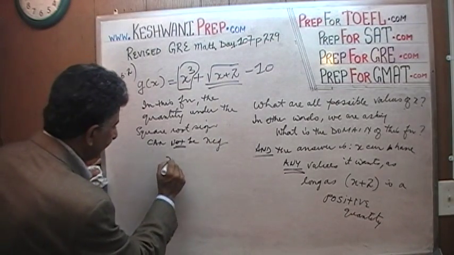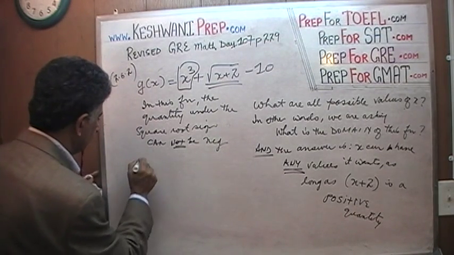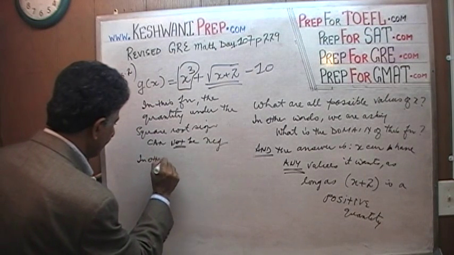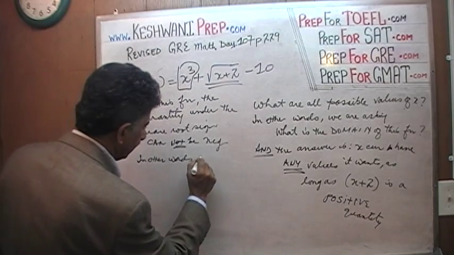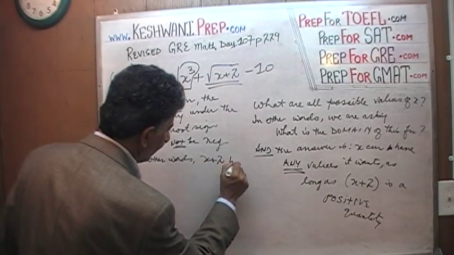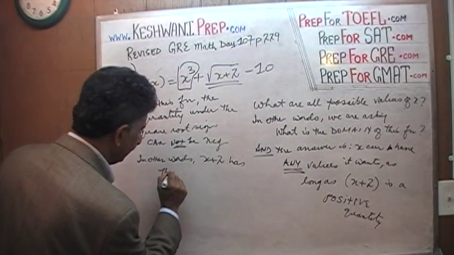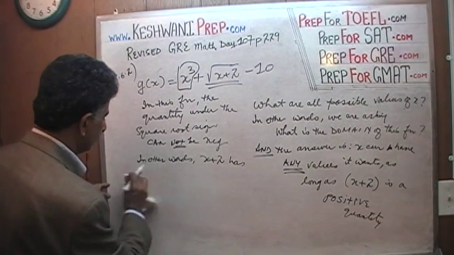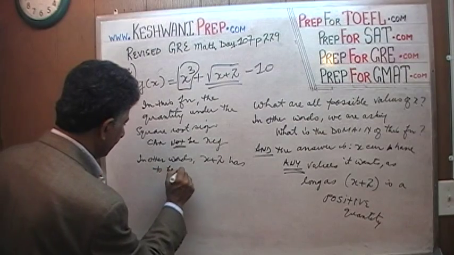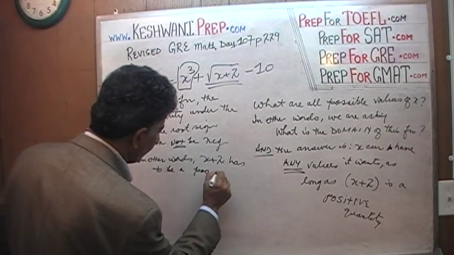In other words, x plus 2 has to be a positive quantity.